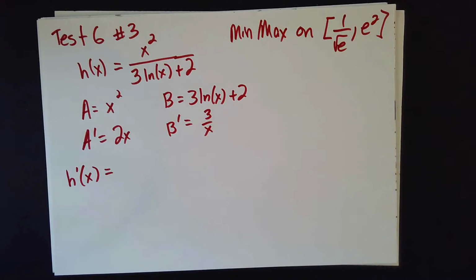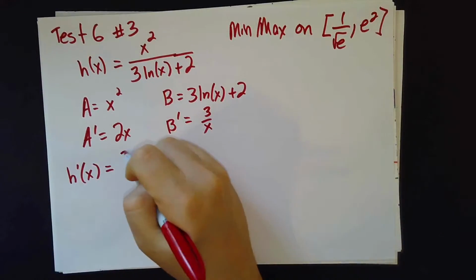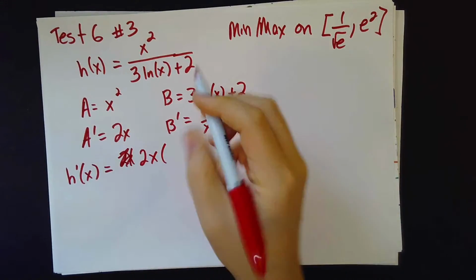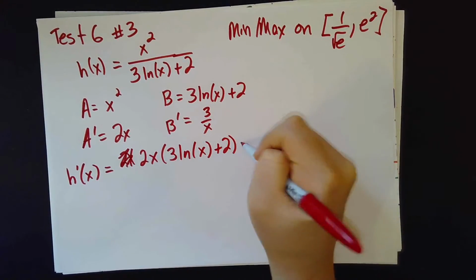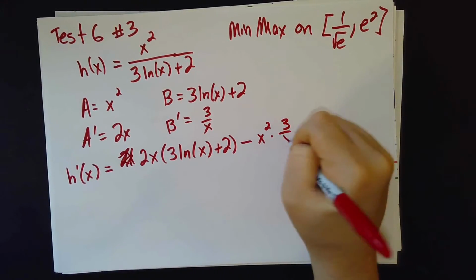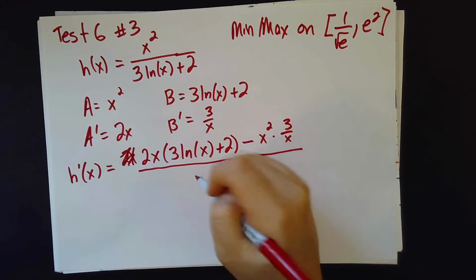So my h prime of x here is going to work out to be 2x times (3 log x plus 2) minus x squared times 3 over x, all divided by (3 log x plus 2) squared.